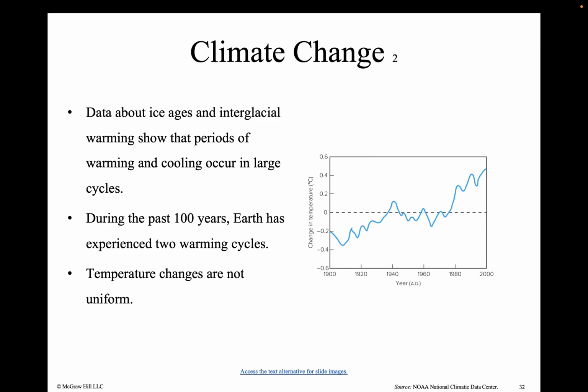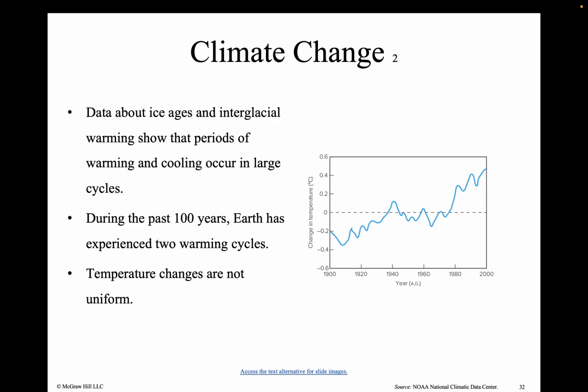But in very general terms, every 100,000 years, Earth has these interglacial warming periods before going through another ice age. So ice ages have occurred many times throughout Earth's history. Right now, what we are experiencing is a warming period.